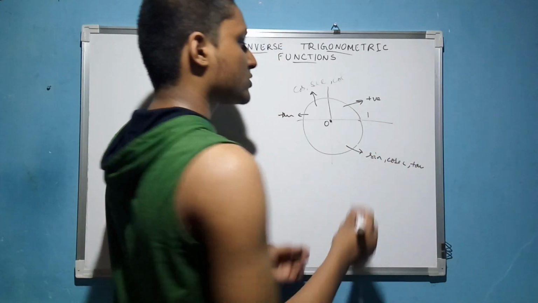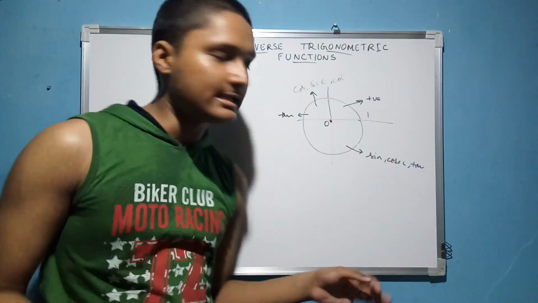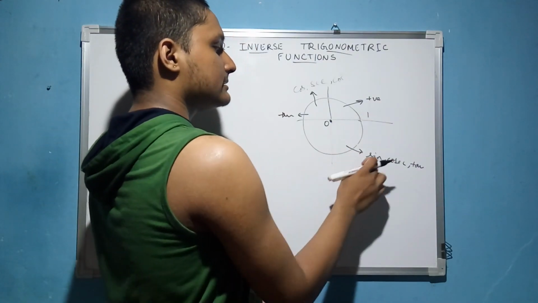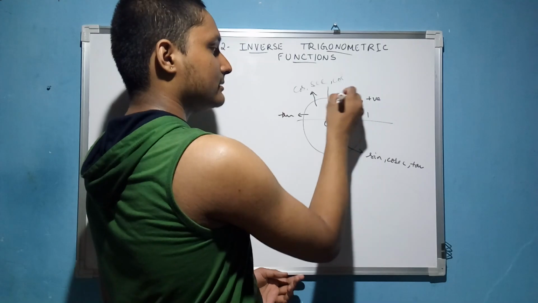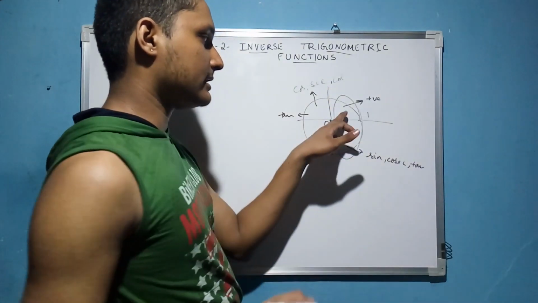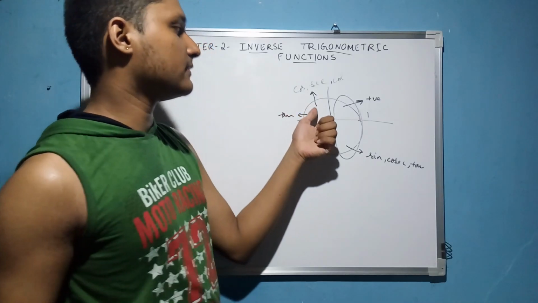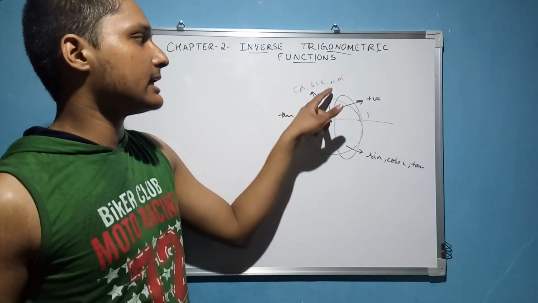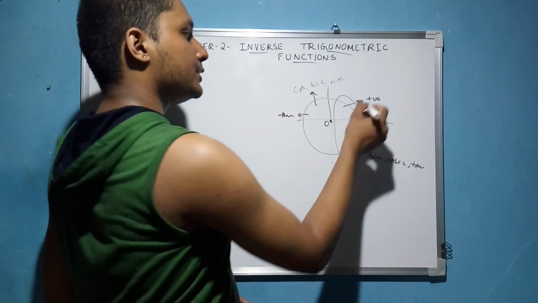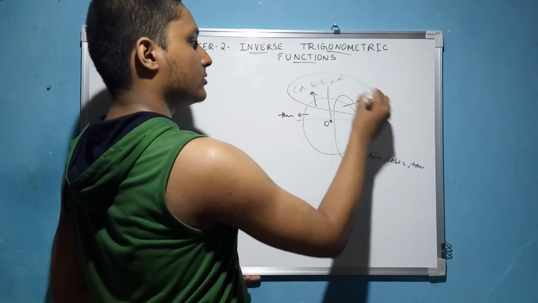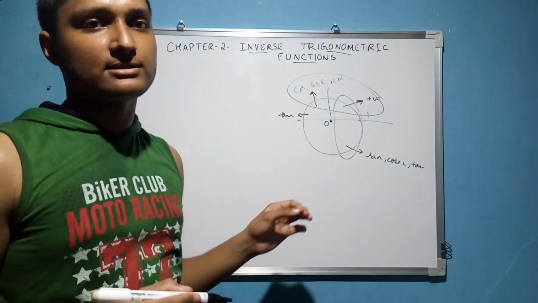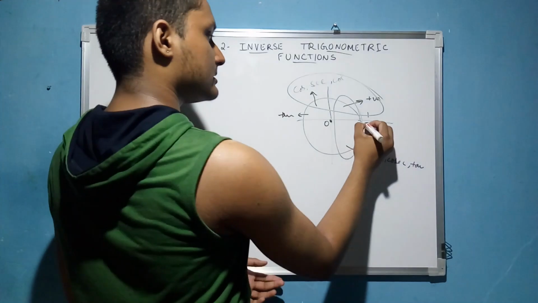If you need positive as well as negative values for sine, cosec and tan, we are using this range. This is the first quadrant as well as the fourth quadrant. For cos, sec as well as cot, we are going to use the first as well as the second quadrant as a principal value branch. That is the easier way to remember, because this is 0.